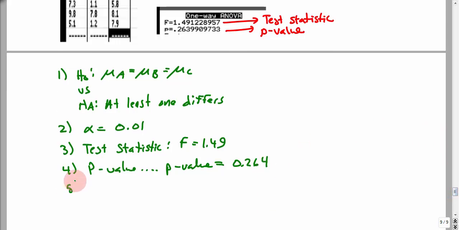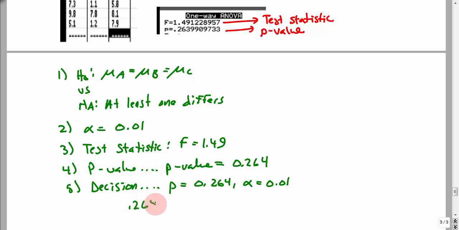And number 5 would be a decision. So to find our decision, basically what we have here is 0.264 is greater than 0.01. P is greater than 0.01. So that means we should fail to reject H0.